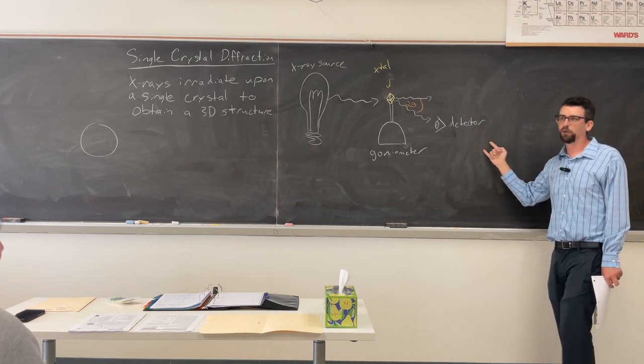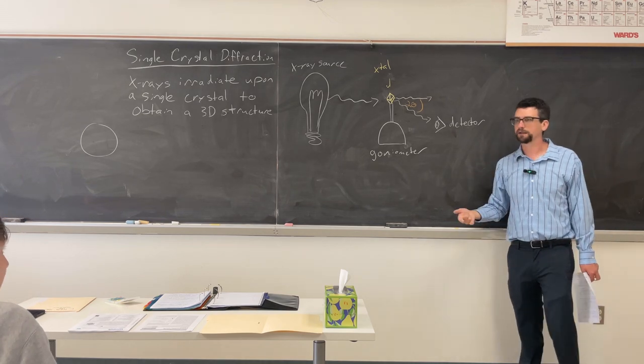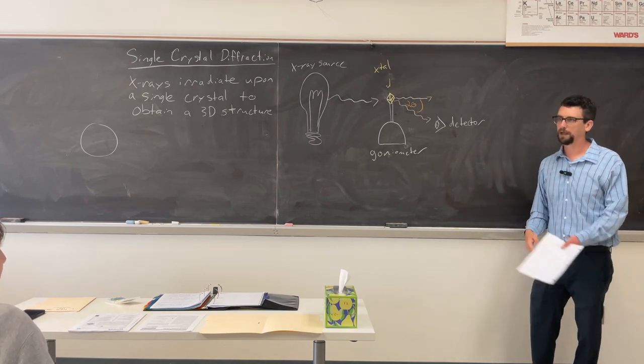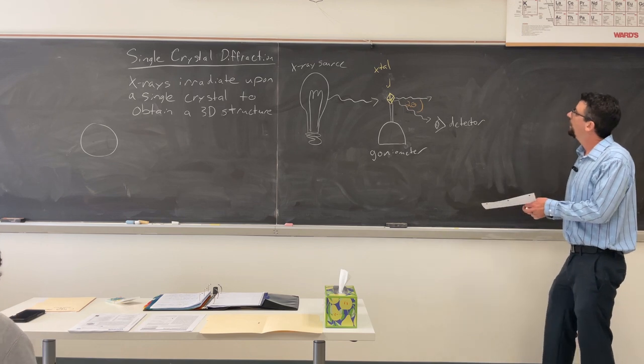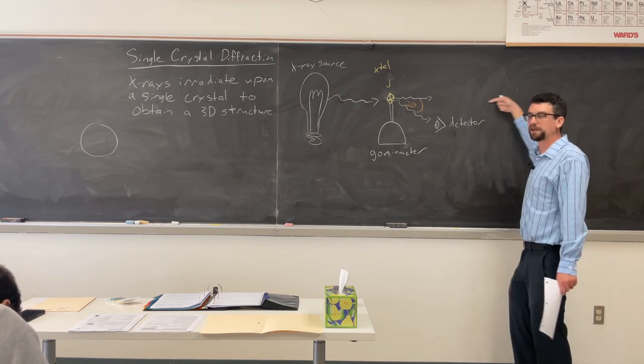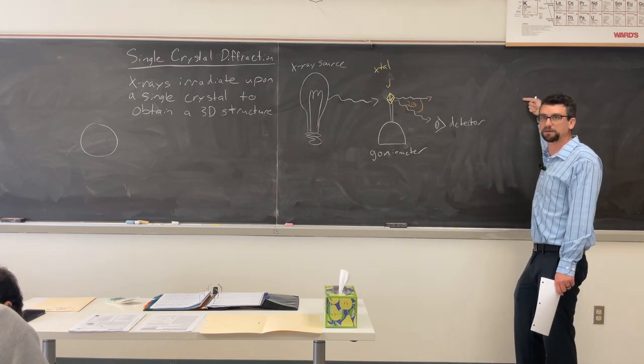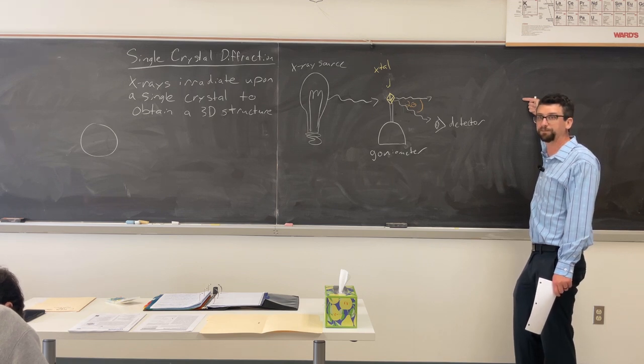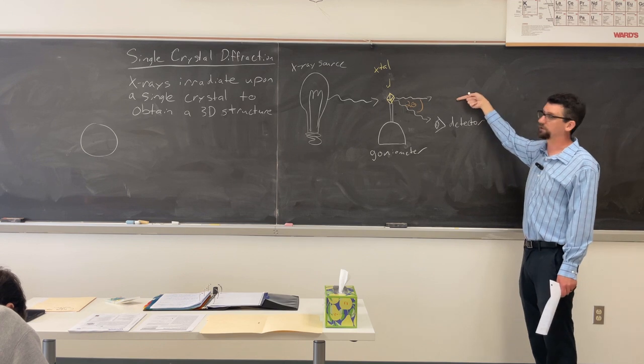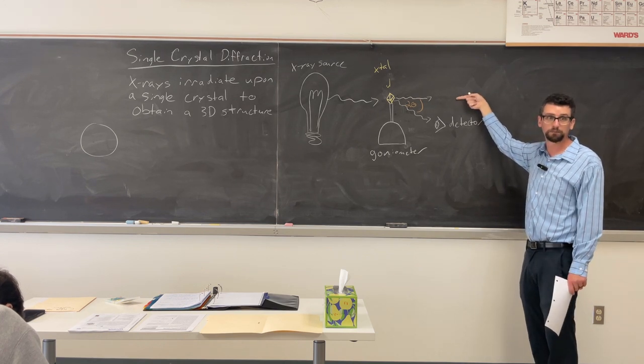The detector in most cases is an electronic detector, a counter. Now, X-rays are flying beyond this. Is that safe? No. If we did have a detector here, it would burn out.